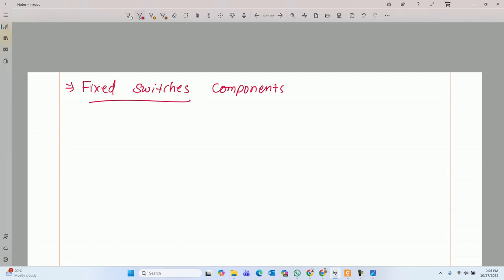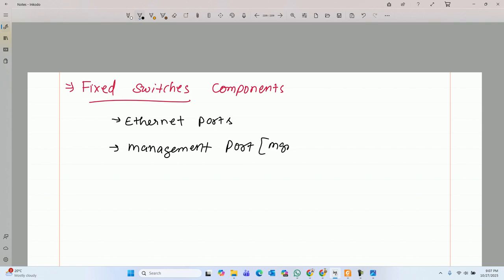You have the Ethernet port, you have the management port, which is known as management 0.